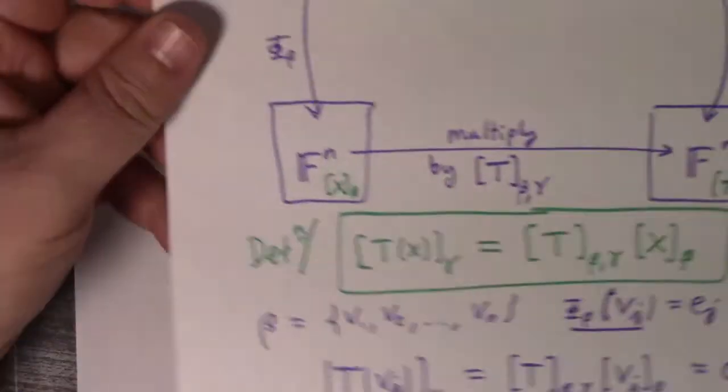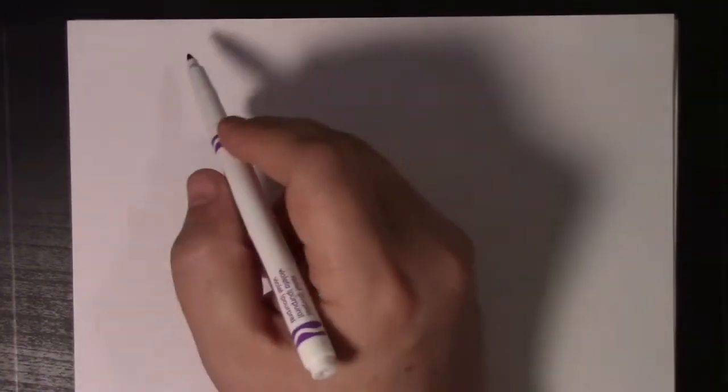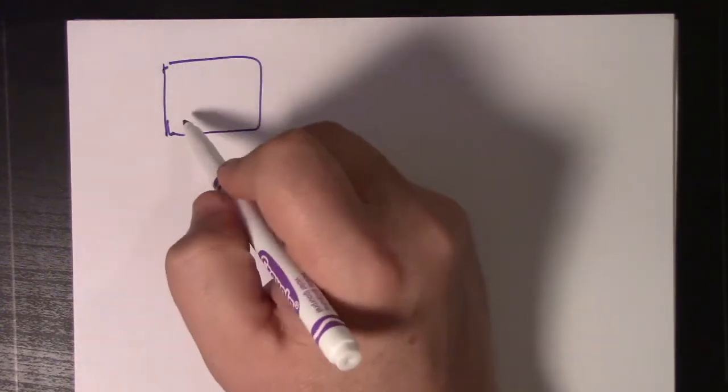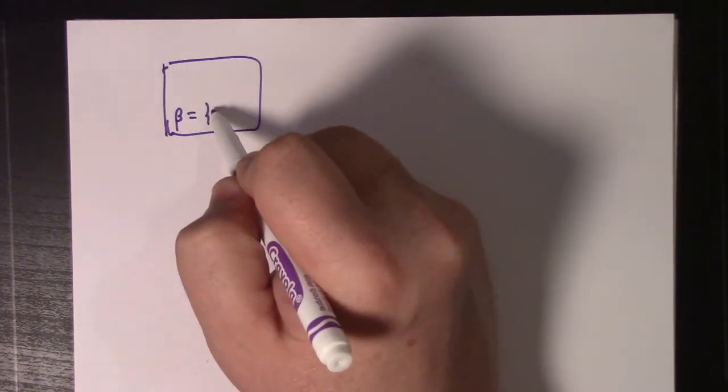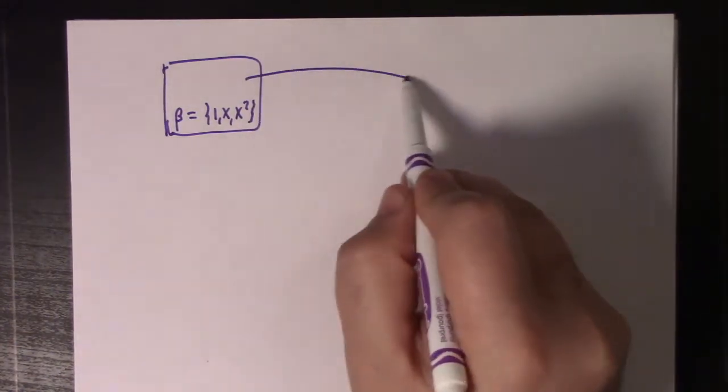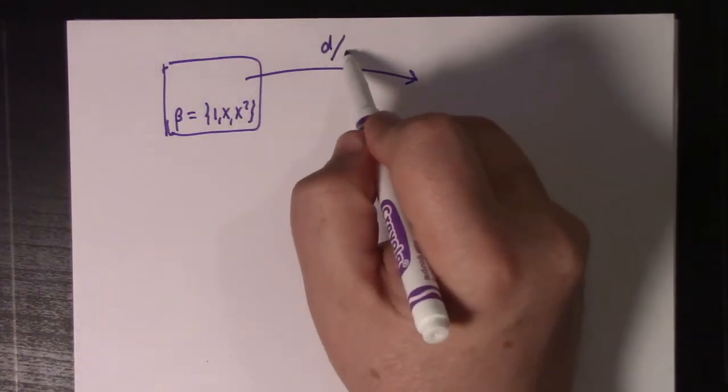Okay, great. Let's look at an example, and we'll use the implicit idea to guide our example. How about we look at basis beta 1, x, x squared, and we'll look at the derivative map, d/dx.